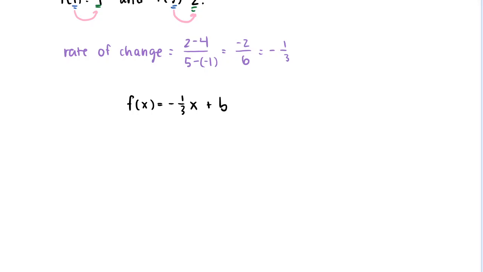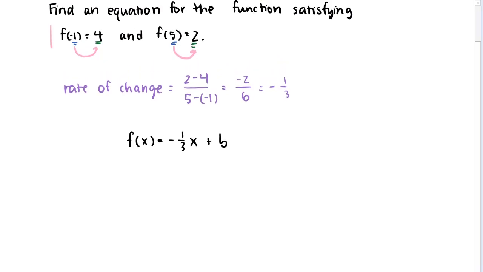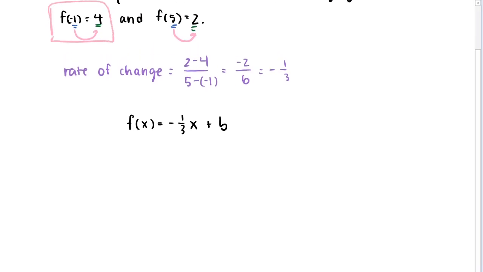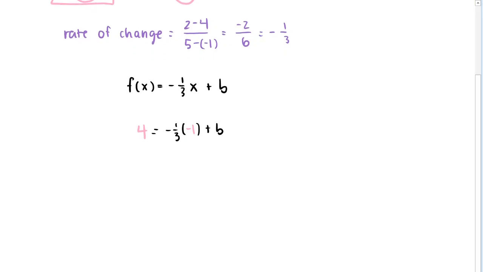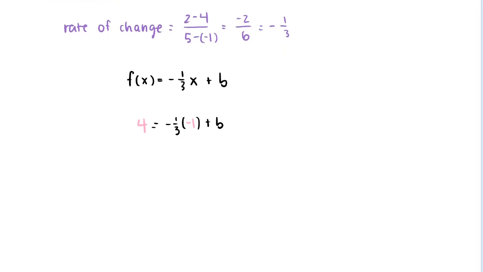And so here, let's go ahead and do that. Maybe I'll use this point here. I'll take -1 for my x value, and I know that if this is really going to be an equation for my function, then it should take that input value of -1 to an output value of 4. It has to. This must be the case if this is going to be the equation of our function.